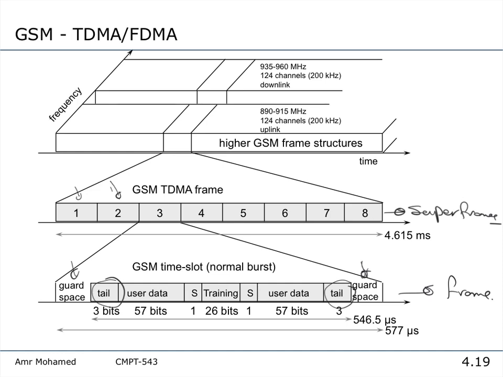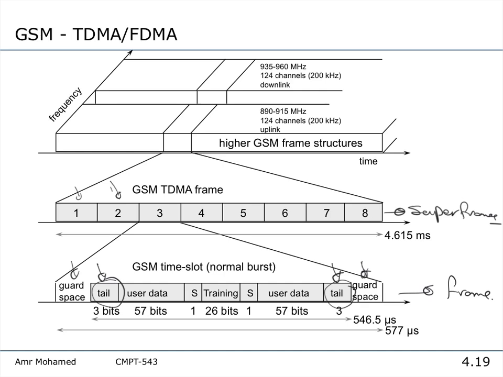If I ask you what time you have on your watch and what time I have on mine, maybe there is a few microseconds of difference, even 1 microsecond. So when we talk about TDMA, one of the biggest issues in TDMA is synchronization. So we use these tail parts to account for the synchronization.